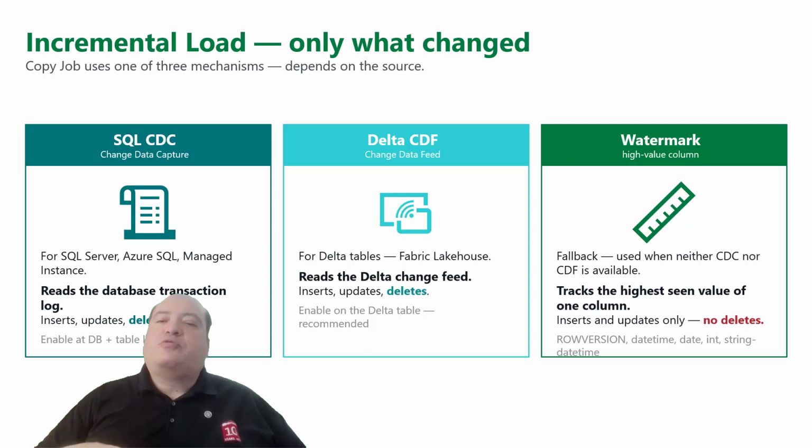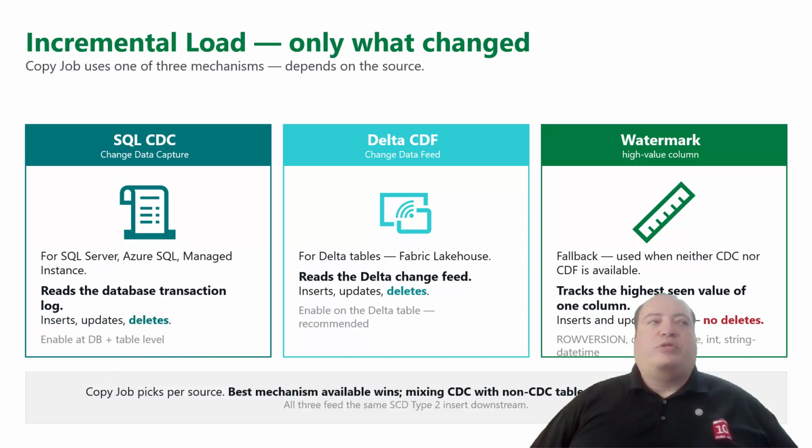We tell the copy job what the watermark field is, and the copy job will load the data and keep the highest value of this field and keep loading from that point. The option that will be used is picked by the copy job according to the combination of the source and the method of ingestion that we choose.